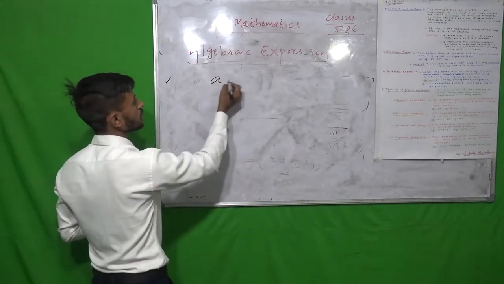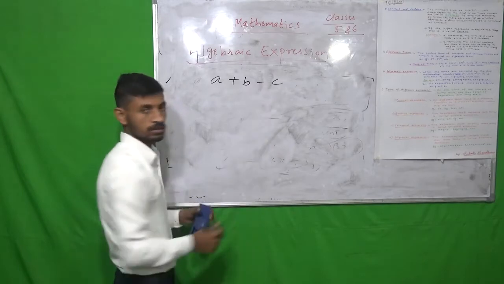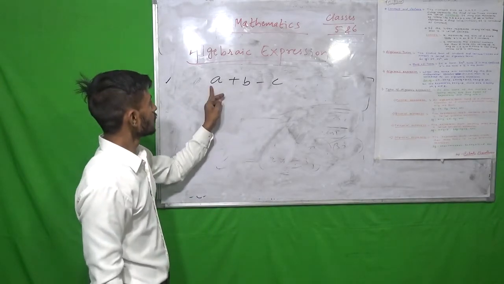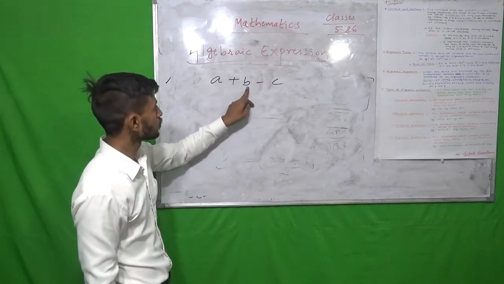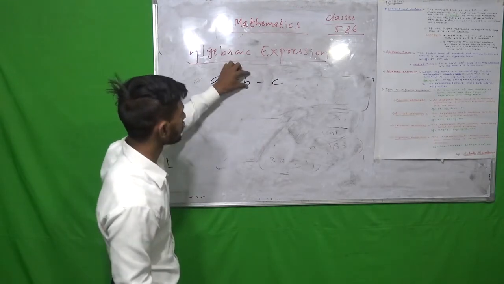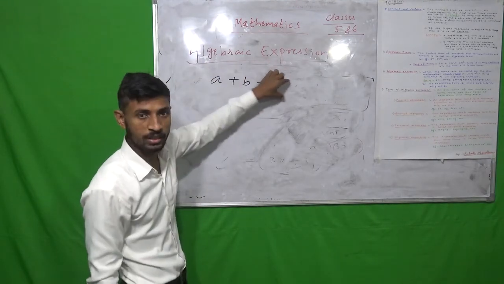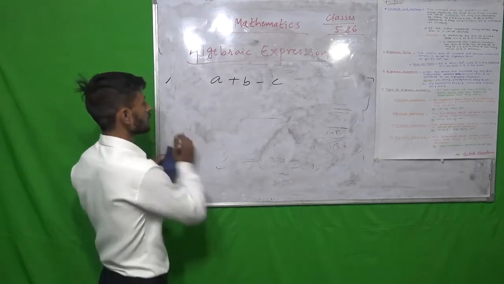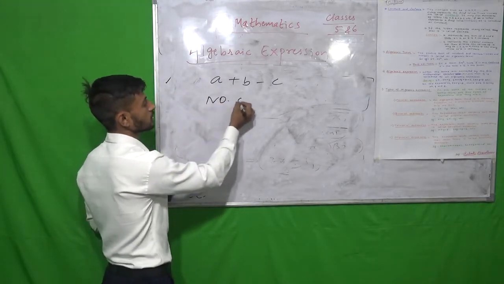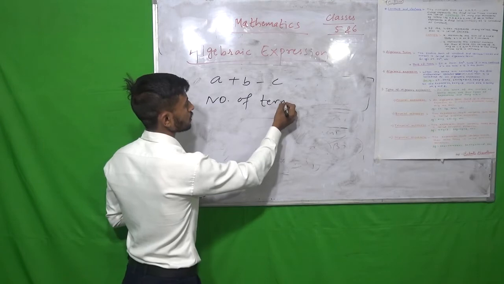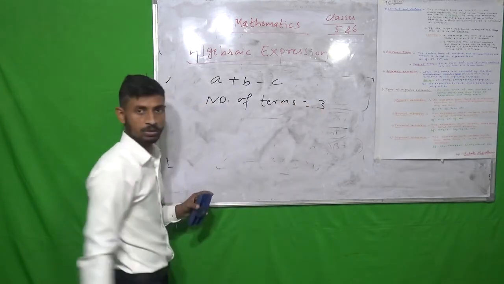Now we have the expression a plus b minus c. One term, two terms, and here three terms. How many terms are here? Three terms. Here the number of terms is 3.